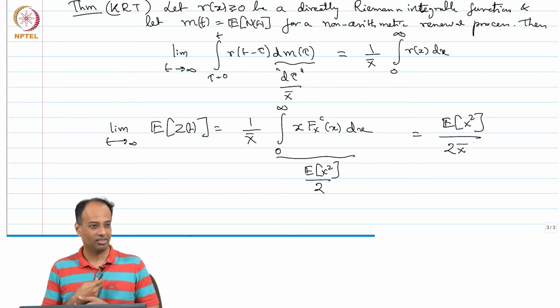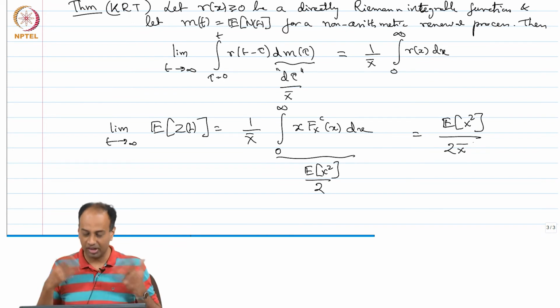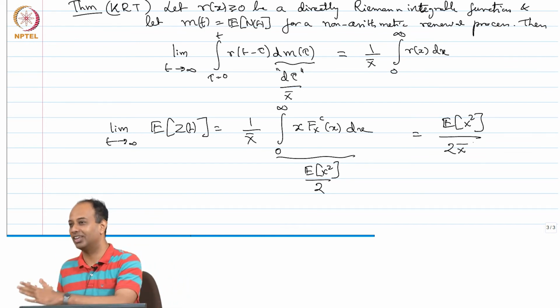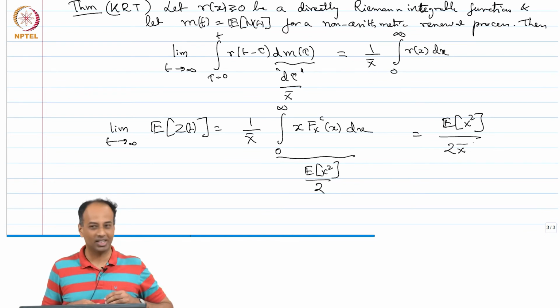Okay. So, the bottom line in all this is that for non-arithmetic renewal processes, the limit t tending to infinity of the expectation of r of t, where r of t is just Z of t, will be the expectation of R_n over x bar. But to get this, you need to go through these Riemann-Stieltjes integrals and then apply the key renewal theorem and all that.